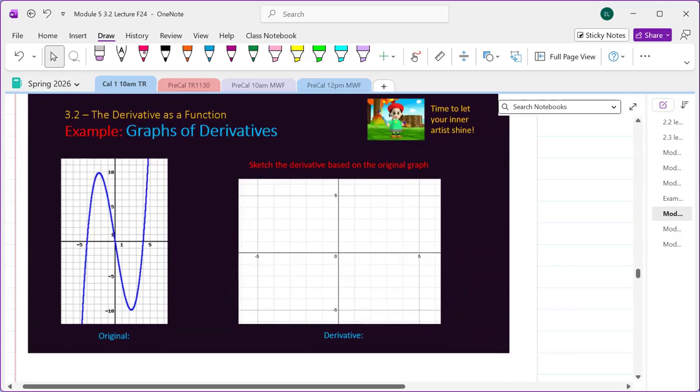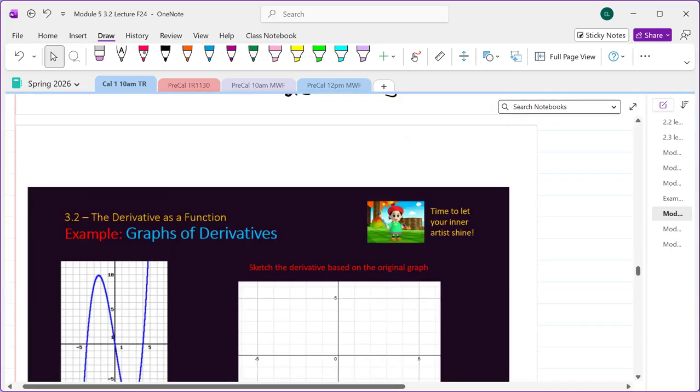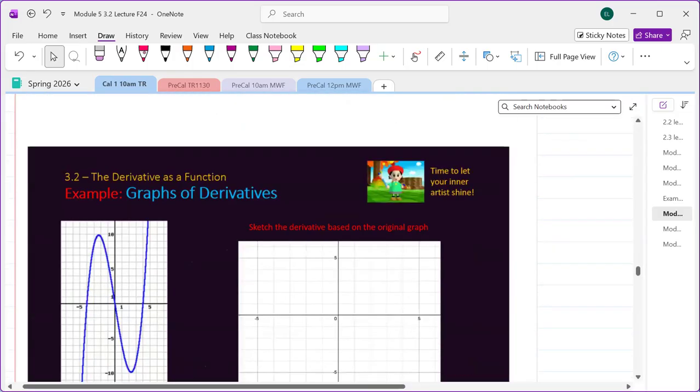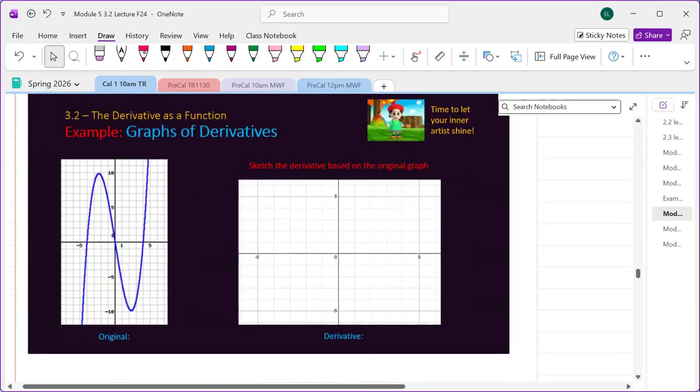All right, so now we just played around and figured out those turning points and everything. We're going to try to interpret that into a graph here. So I'm going to scroll a bit back and forth. We figured out the derivative is 0 at negative 2.3 and positive 2.3, so we're going to plot those points first.